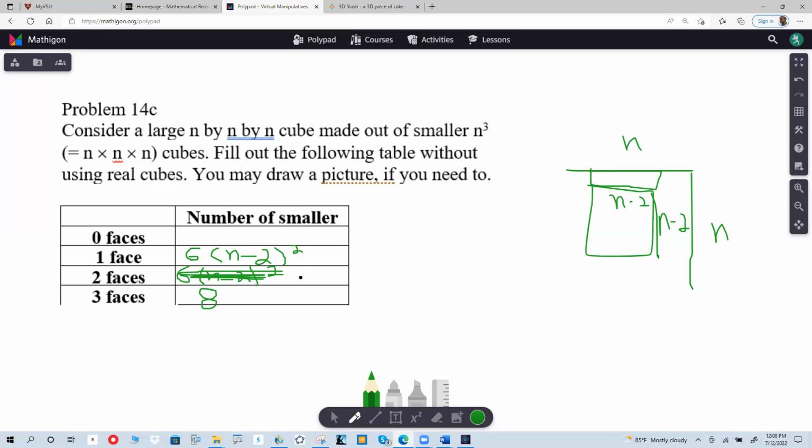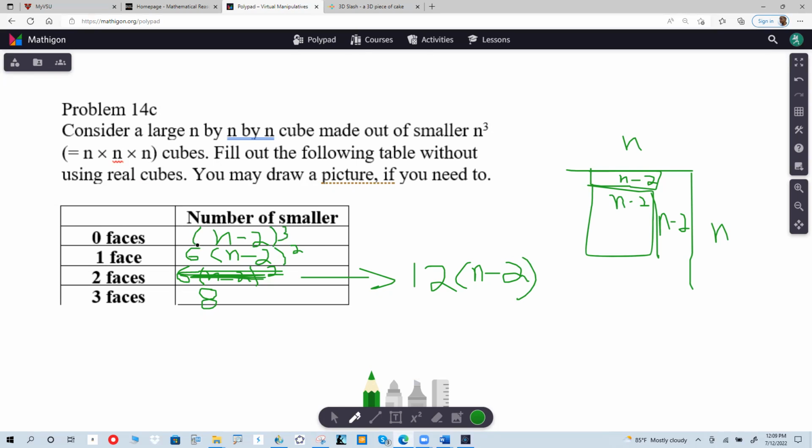There were 12 edges, so I'm going to write my 12 first so I don't forget. On each edge, there will be n minus 2 cubes that show 2 faces, so I'm going to multiply it by n minus 2. Now, you can write the zero faces using the n's you see here, but the best way would be to just write n minus 2 cubed.